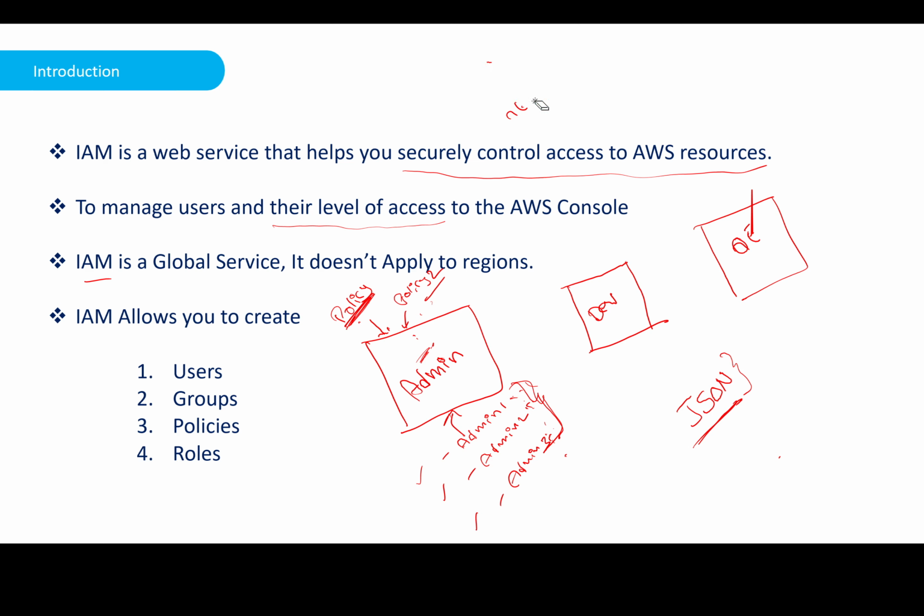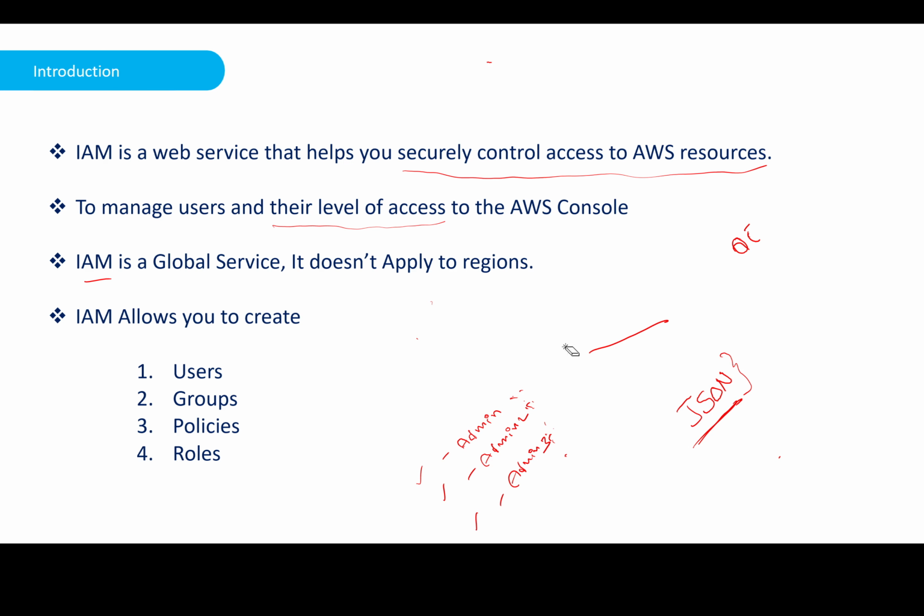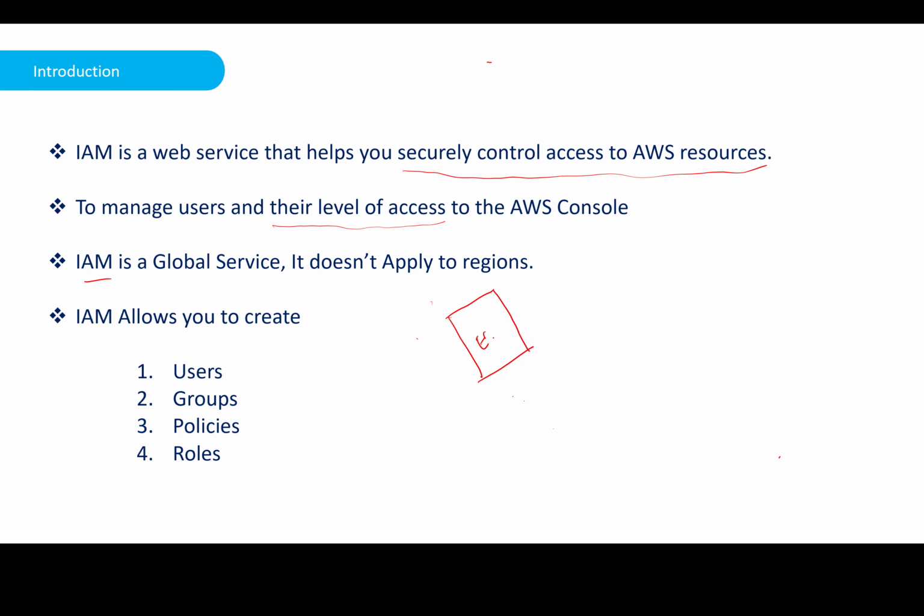A role is similar to a policy, but the use case is different. What is the use case? Let me tell you. Let us say here there is a server, or I can say a service called EC2. Let us say this is service 1. And here there is a user, let us say user 1.